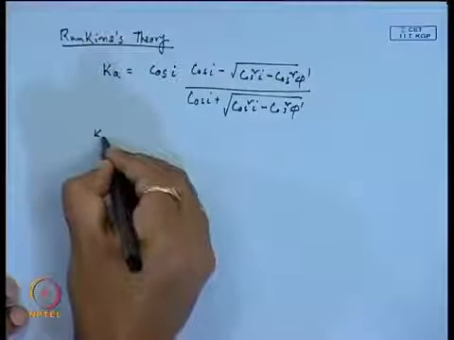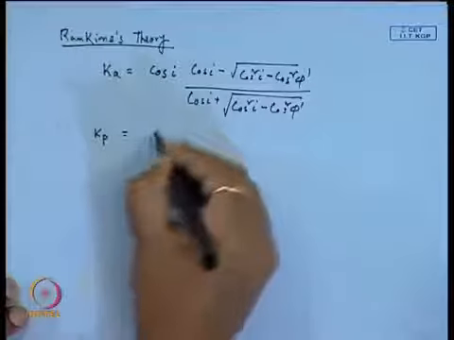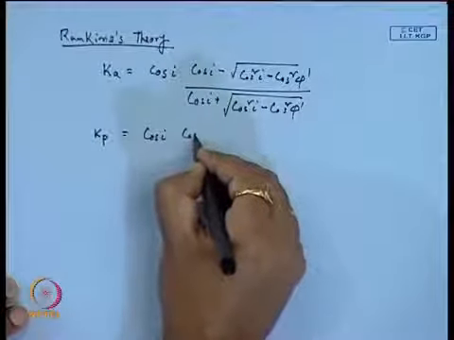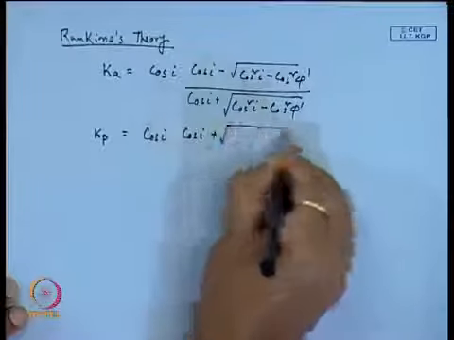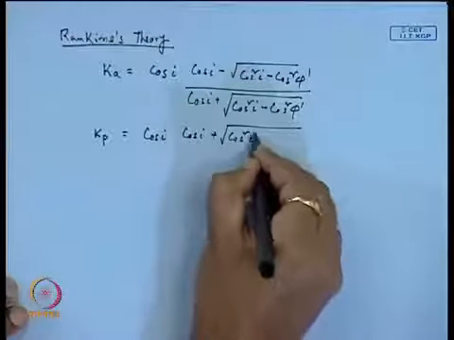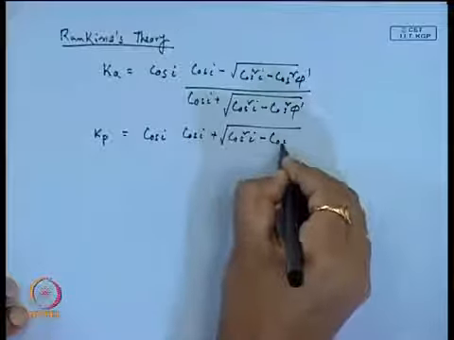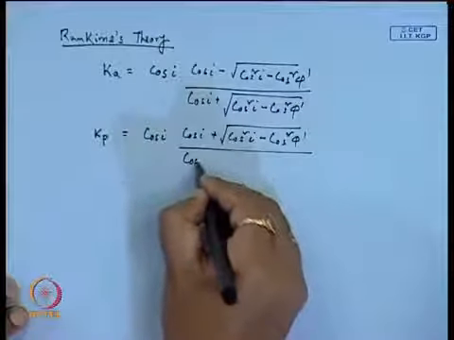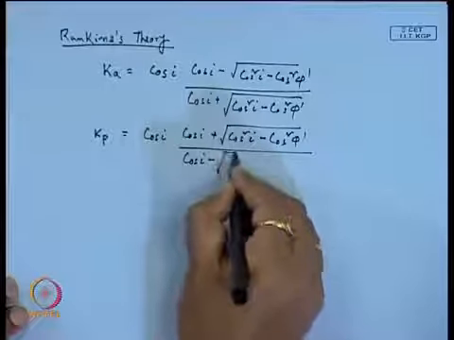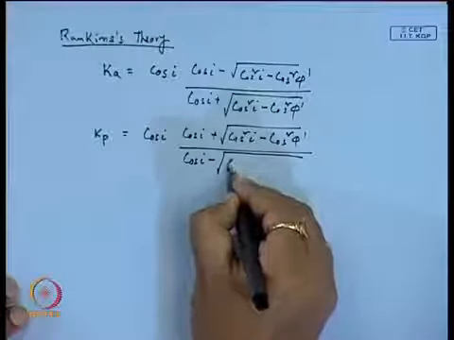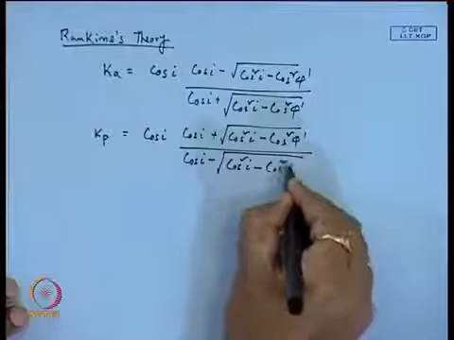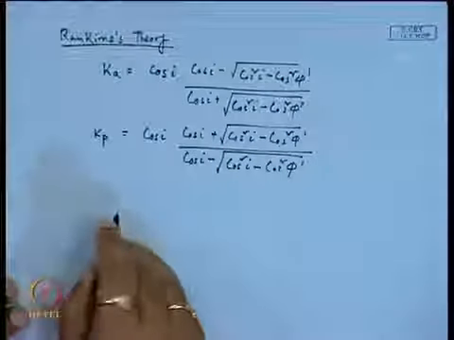And for the passive earth pressure in the Rankine case, K P is cos I plus root over cos square I minus cos square phi dash, divided by cos I minus root over cos square I minus cos square phi dash.